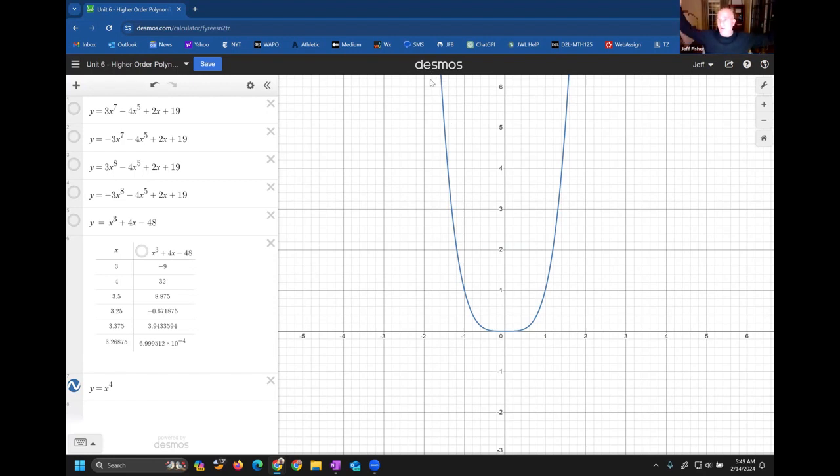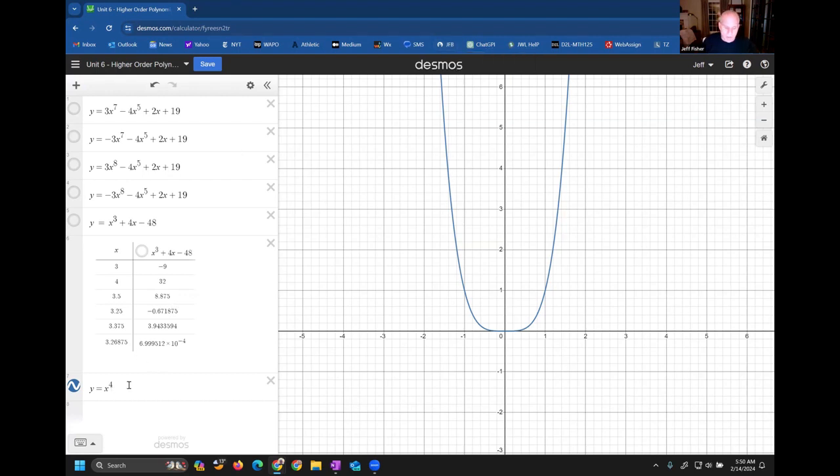There's a left end and a right end. Is it going down and is it going up and up on both? Is it going down on one and then up on the other? Or is it going down on one and then down on the other? That's what we're trying to describe. And I'm going to show you how to identify whether or not a graph is going to do that just by looking at its equation.